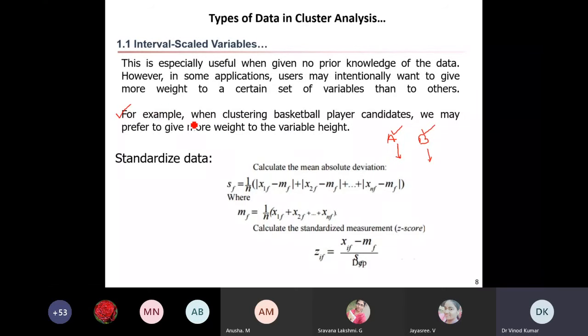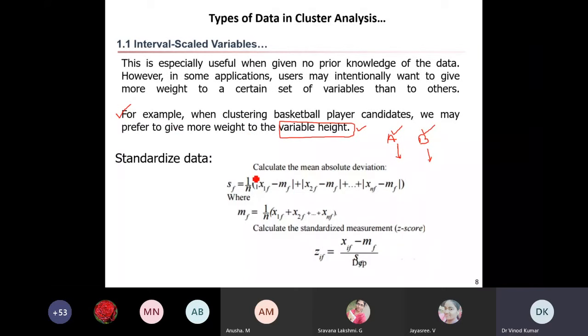For example, when clustering basketball player candidates, we may prefer to give more weight to the variable height, because taller persons will play better than shorter ones.